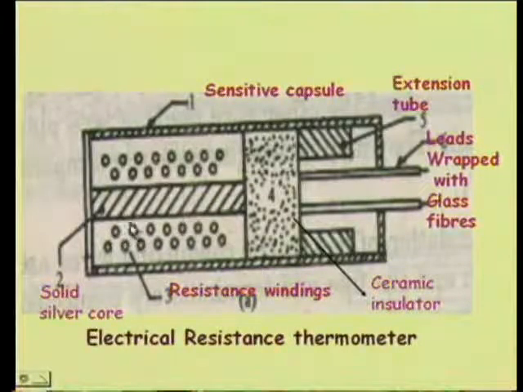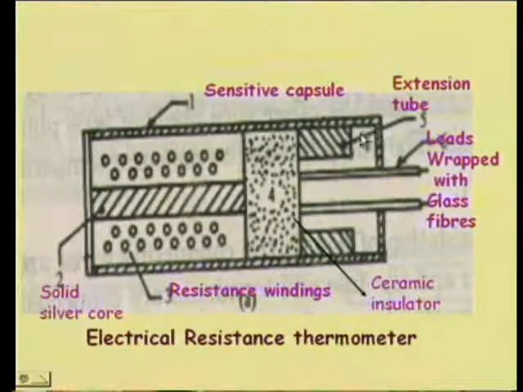These windings are wound around this solid silver core, and here this is a sensitive capsule which senses the temperature. Here there is an insulator, a ceramic insulator, which stops the transfer of temperature.